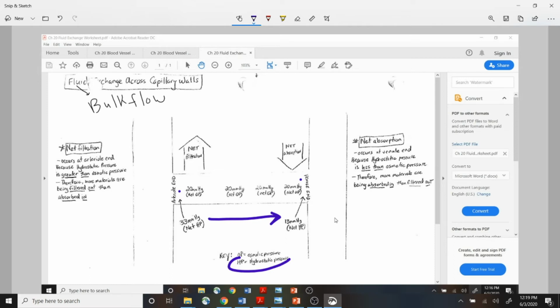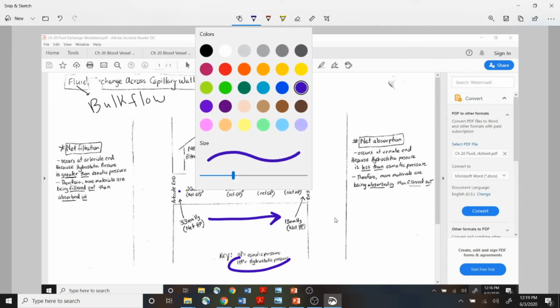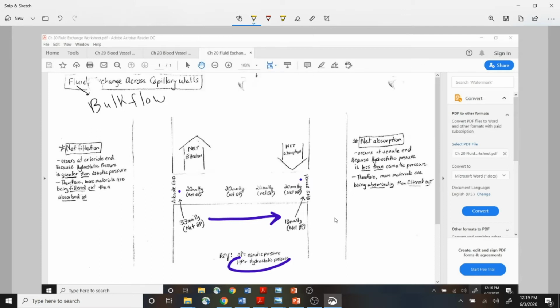Now, let's use a different color. Let's use purple. Let's use yellow. Inside the capillary bed, you have larger.